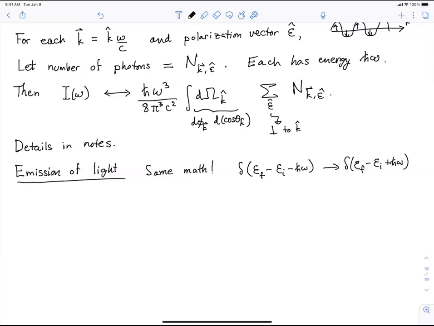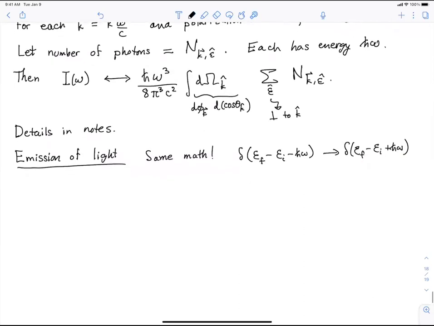All that's saying is that for absorption, my final state energy has to be bigger than my initial state energy by h bar omega. But if I'm emitting the light, then my final state energy should be less than the initial state energy by h bar omega. So that was one ingredient that changed in Fermi's golden rule between absorption and emission.